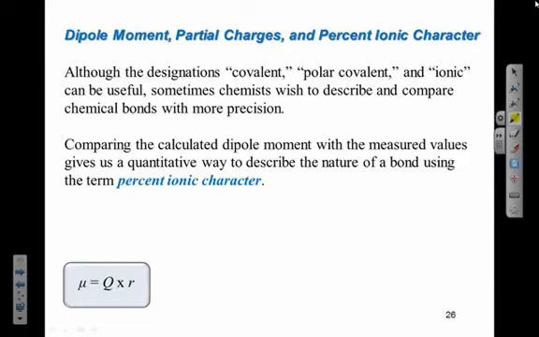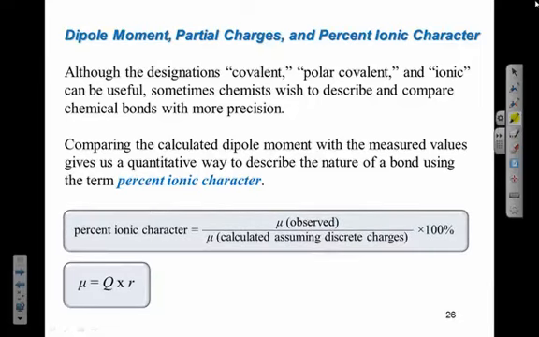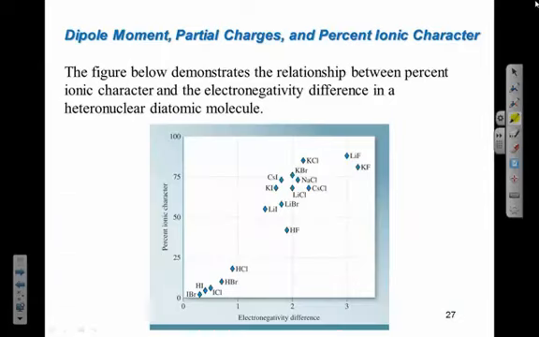Then the book talks about percent ionic character. We're not going to get into the equation too much for that. It's a relatively straightforward equation. I'm not going to ask you to actually use it to come up with any specific numbers, but the reason I included it in here is to illustrate the factor that we already talked about, which is the fallacy of that 2.0 cutoff that the textbook talks about.